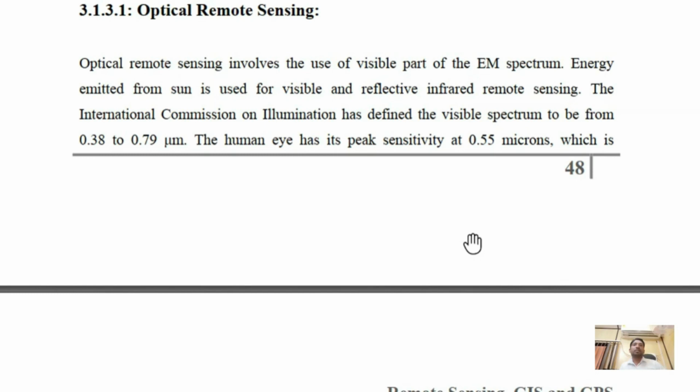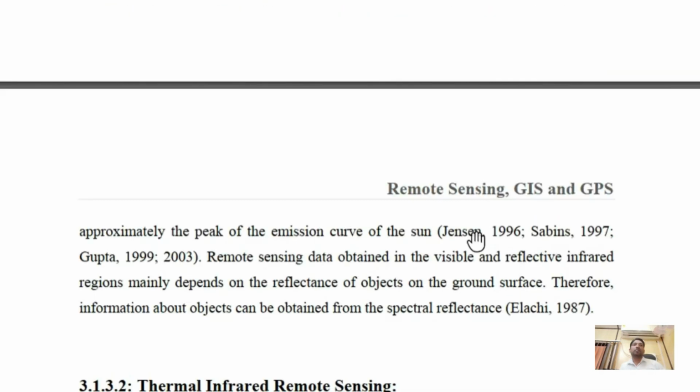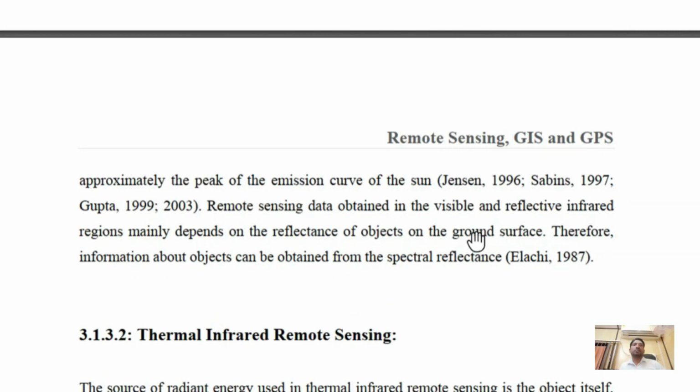The human eye has a peak sensitivity at 0.55 microns, which is approximately the peak of the emission curve of the sun. Remote sensing data obtained in the visible and reflective infrared regions mainly depends on the reflections of objects on the ground surface. Therefore, information about objects can be obtained from the spectral reflection.